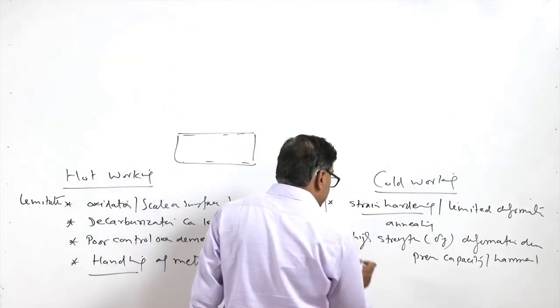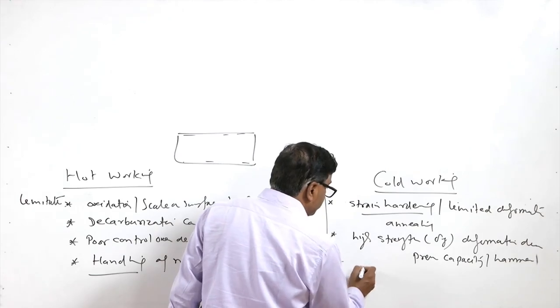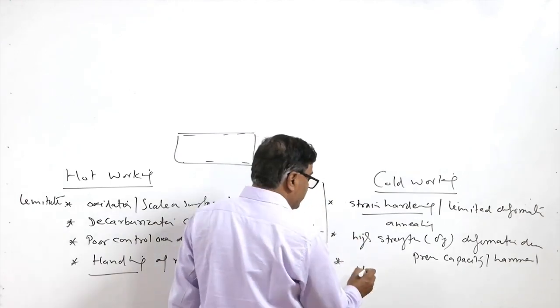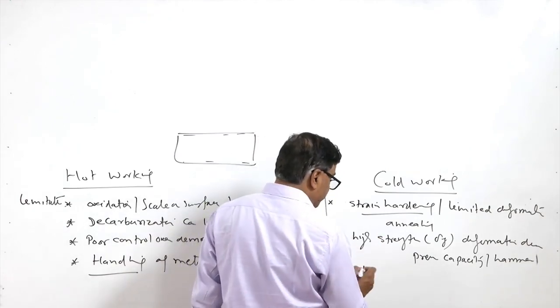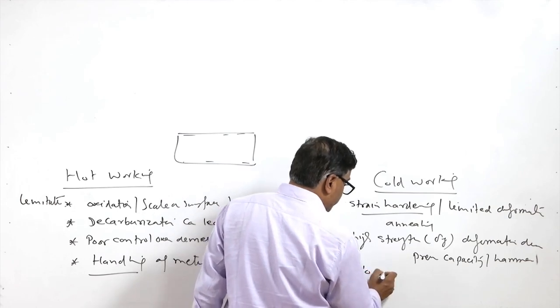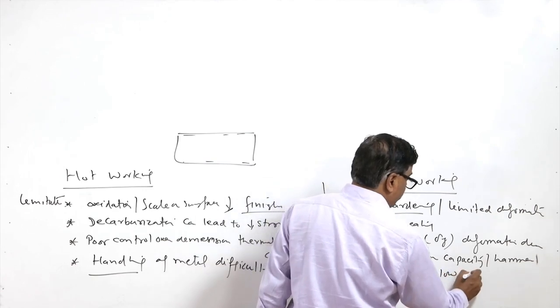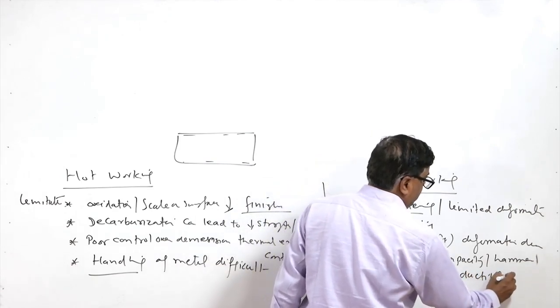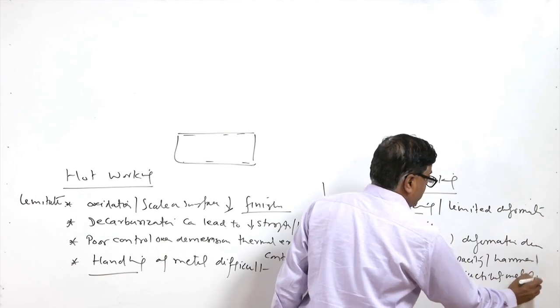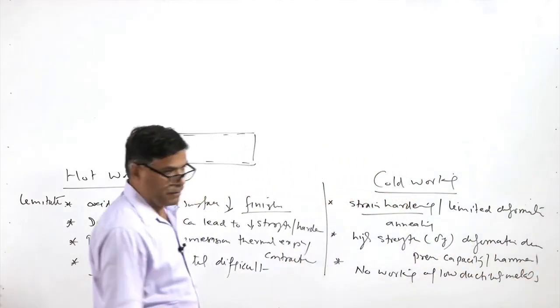And the next one is the deformation of the metal cannot be carried out for the low ductility metals. So, no working of the low ductility metals at the room temperature is possible.